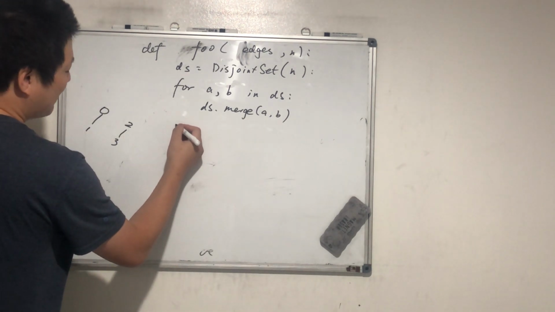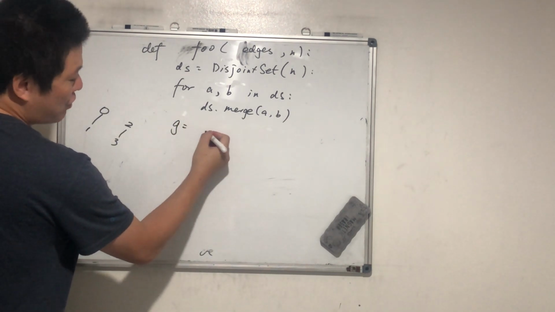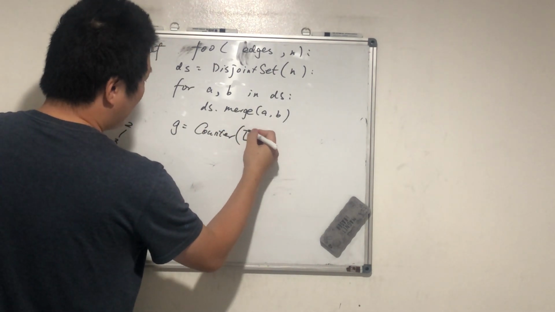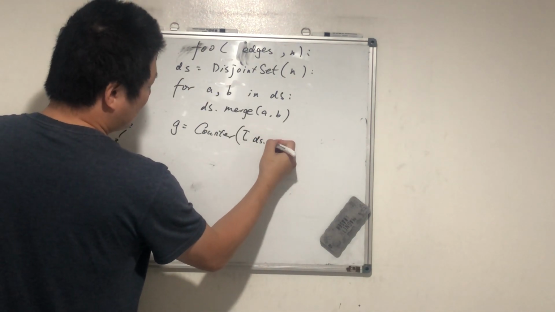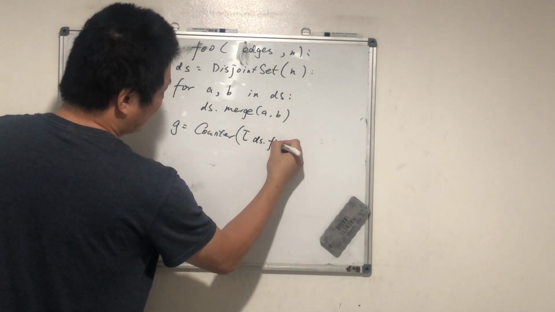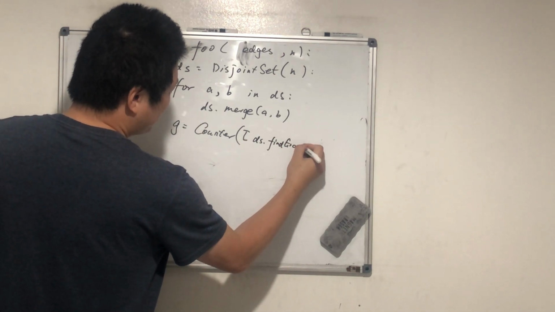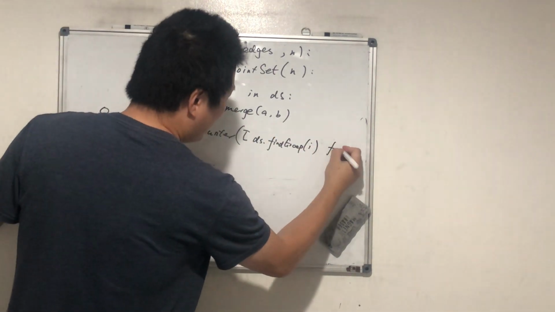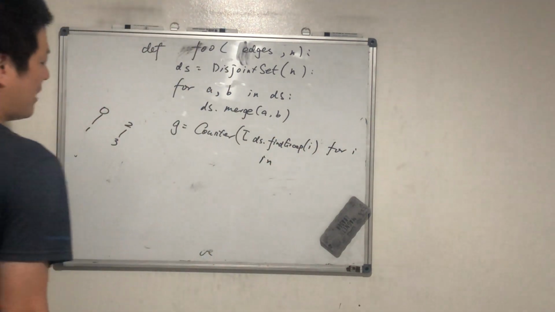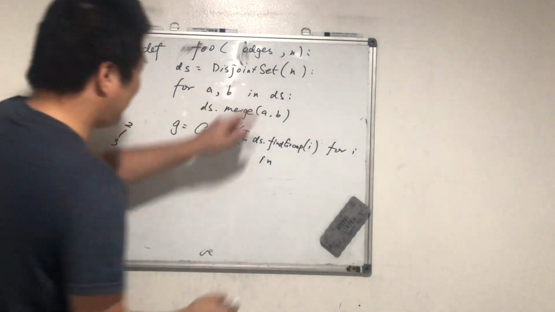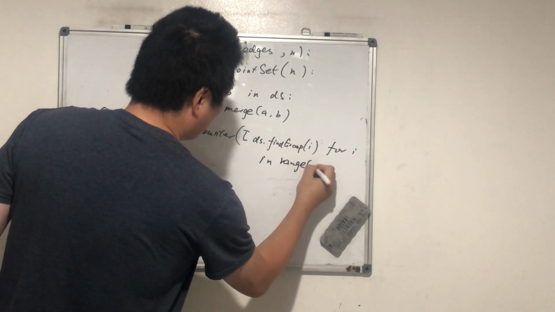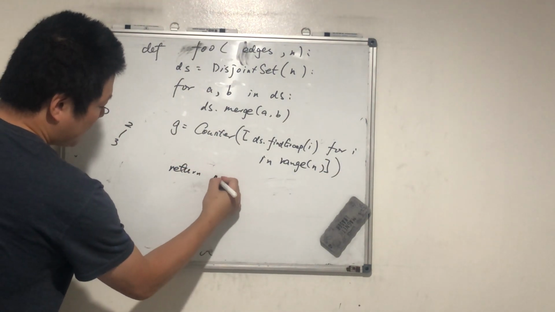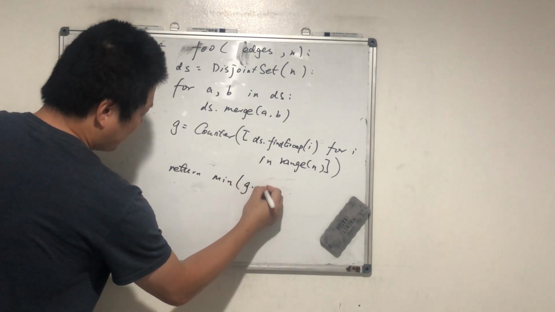So let's say G equals Counter of ds dot find group, let's say find group of i, this is the find group for each one, for i in range n, that's it. Okay, so now I just need to check: return minimum of G dot values.